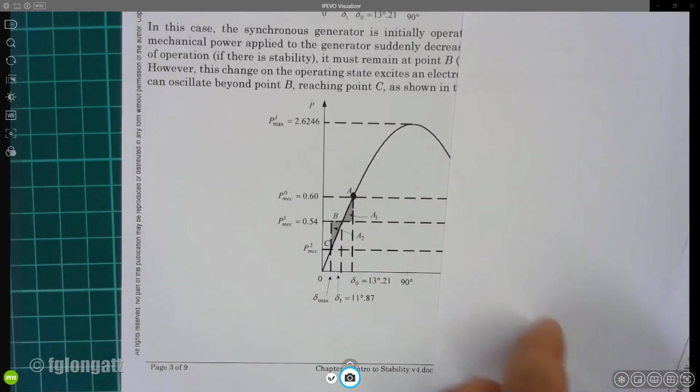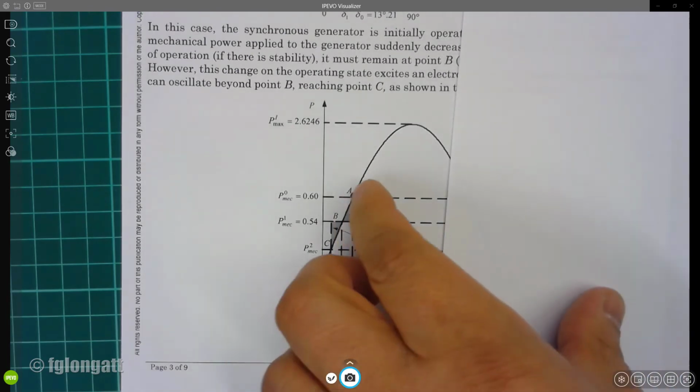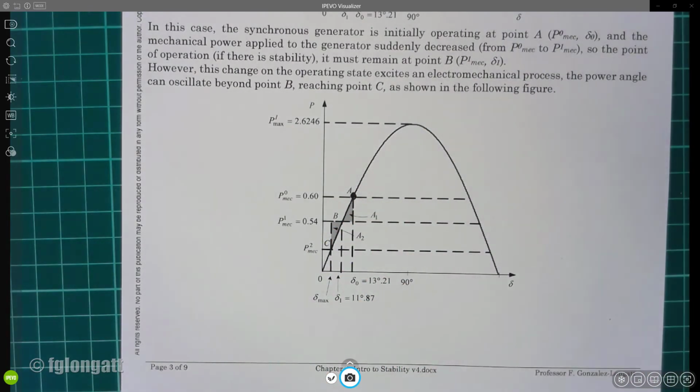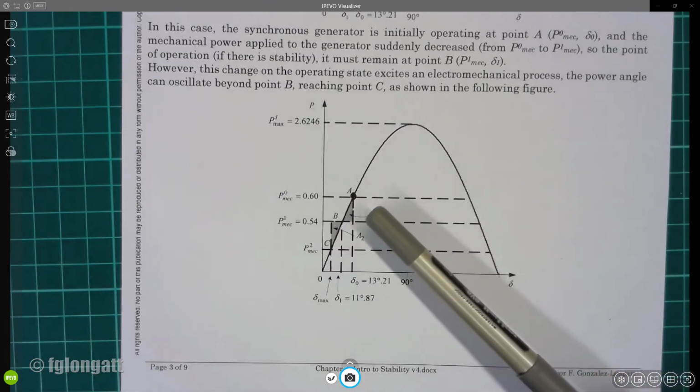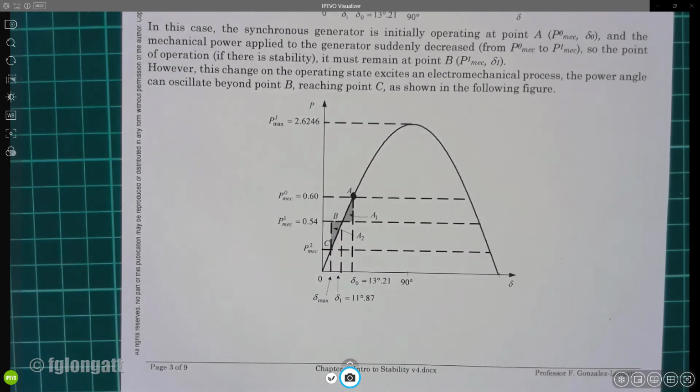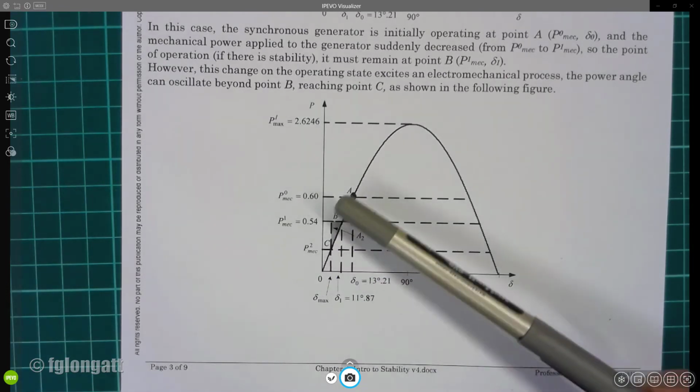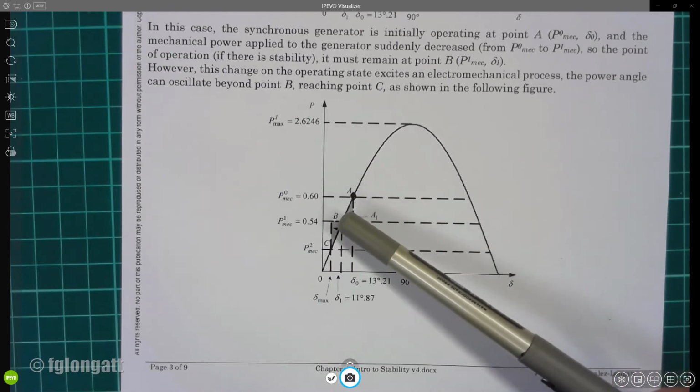I'm sorry, the electrical power is bigger than the mechanical power, okay? And because of that situation, the machine will decelerate. The machine will start to reduce the speed and go down.